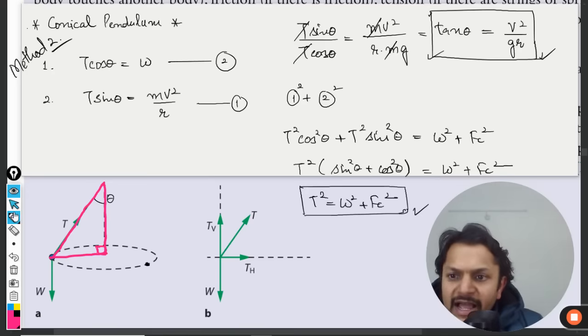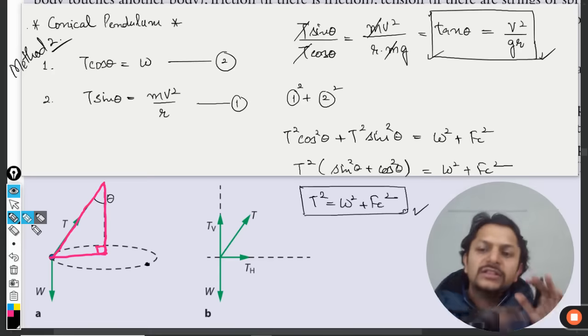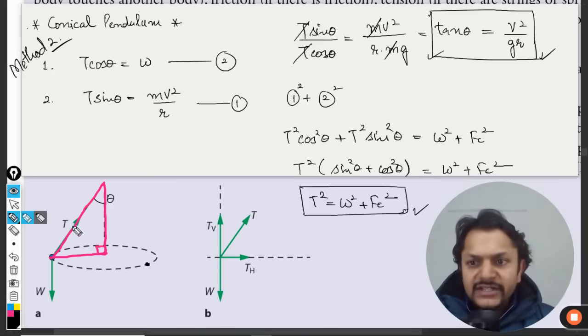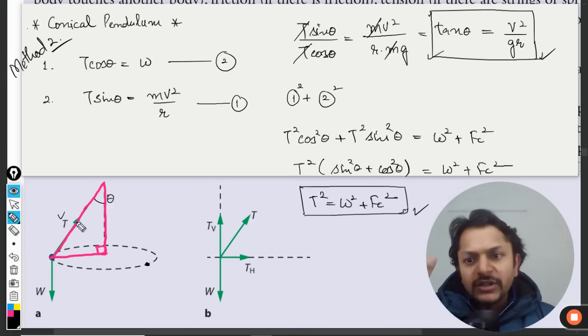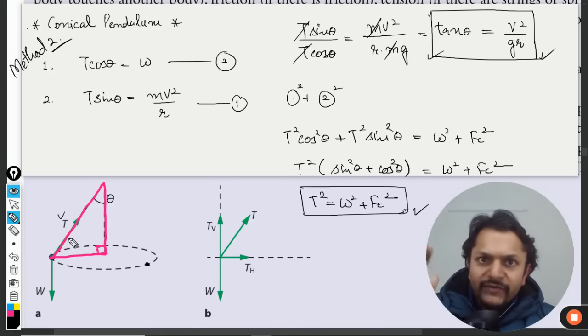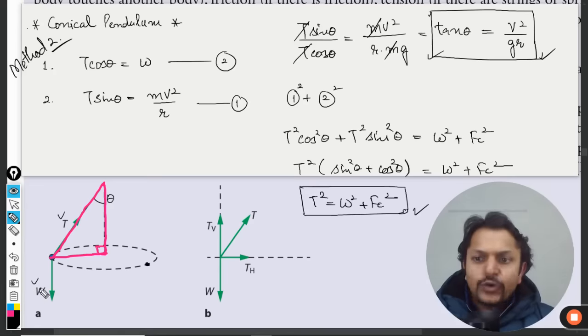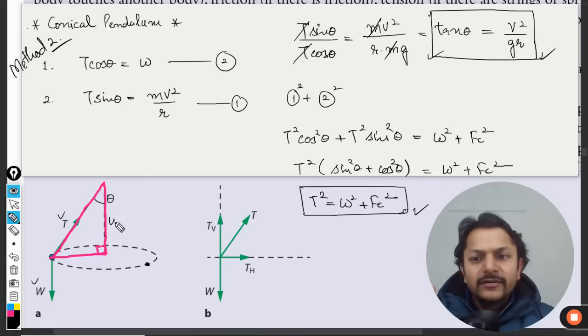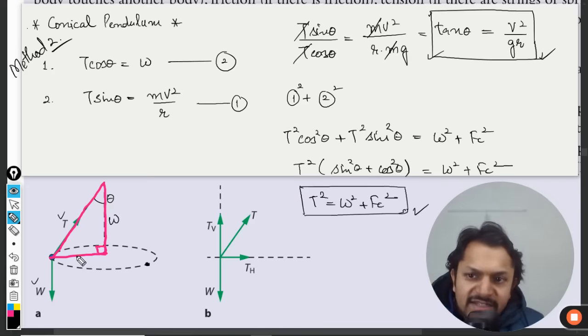And I am going to write all the forces on the sides. Like this tension is written on the hypotenuse, so it will remain there. This force W, which is in the vertical plane, is written on the vertical side here. And this was the resultant force, or the centripetal, you can say.